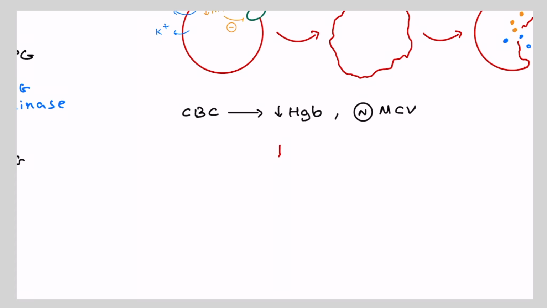But as this goes on, we will have an increased retic count, which is the reticulocytes getting released as a compensation. And increased retic counts can ultimately lead to an increase in MCV, and we will end up with megaloblastic anemia. So we will have increased MCV.